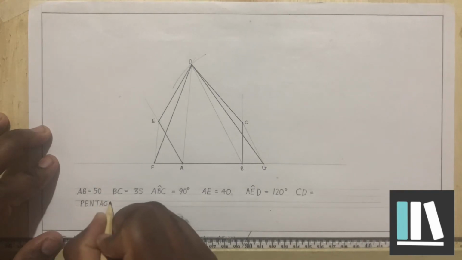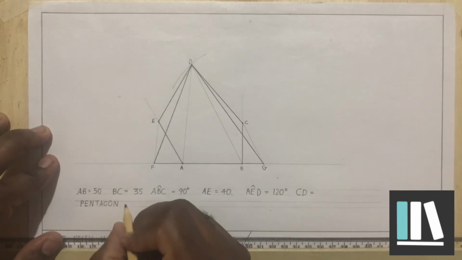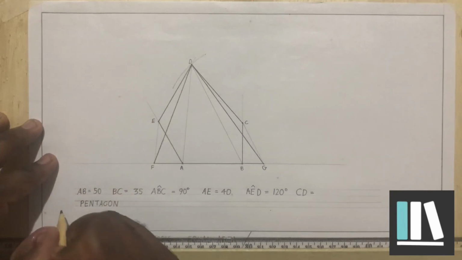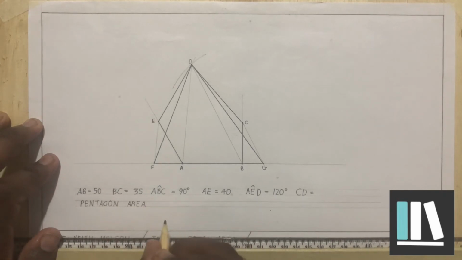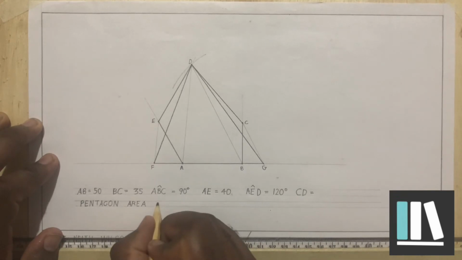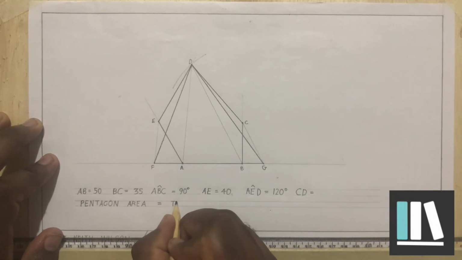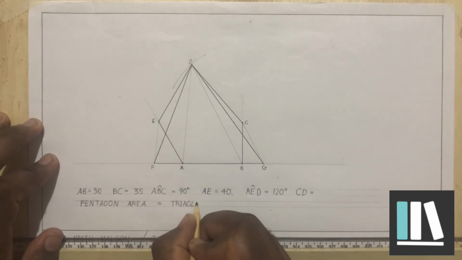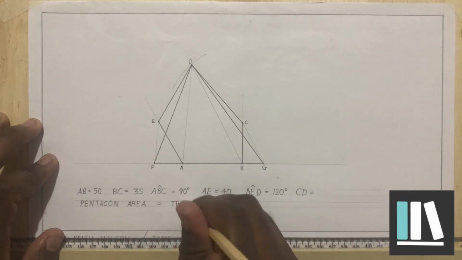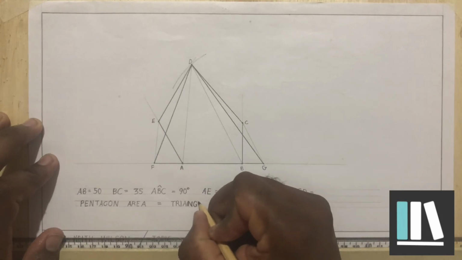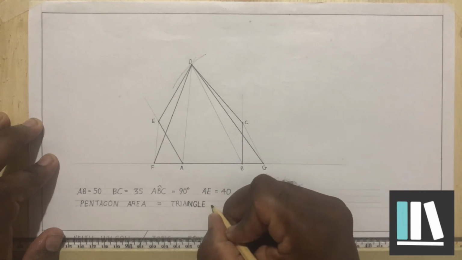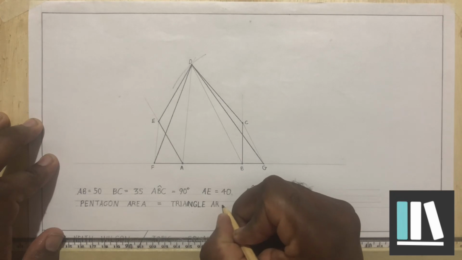Pentagon area is equal to triangle. This is not what I wanted to write.